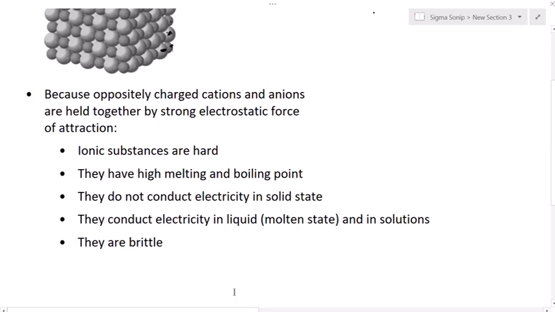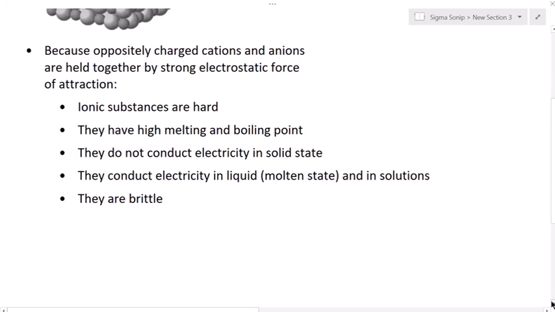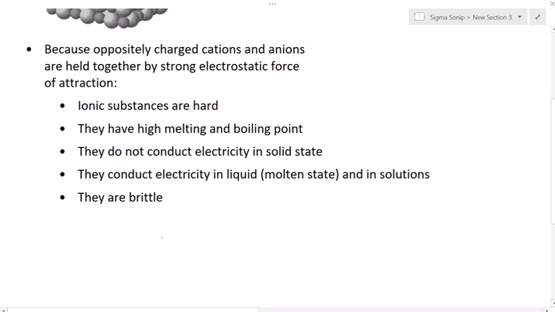Last property is that these ionic substances are brittle, and it could be understood like this. For example, we have sodium chloride, ions held together like this. So you got chlorine against sodium, and again you got sodium against chlorine, and like this.